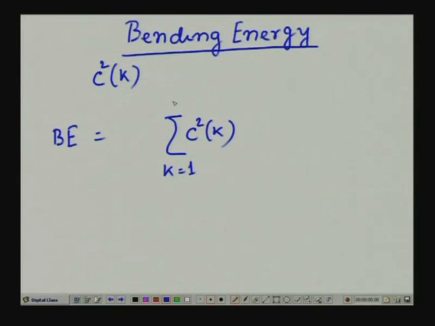So, this will be for k equal to 1 to capital L, if capital L is the total number of boundary points, and I normalize this. So, I have to multiply this measure by 1 by L. So, this becomes my normalized bending energy, or normally called bending energy, and this is also a feature or a descriptor of the shape of the region.